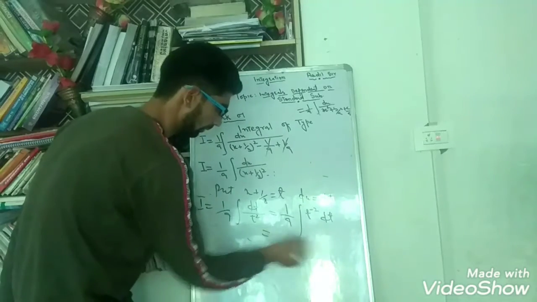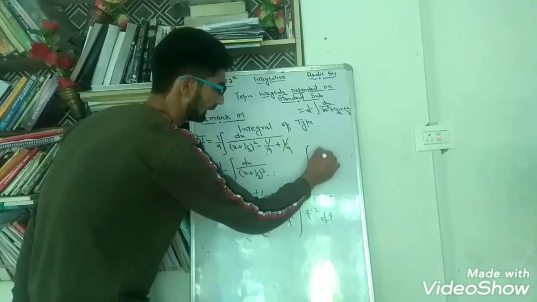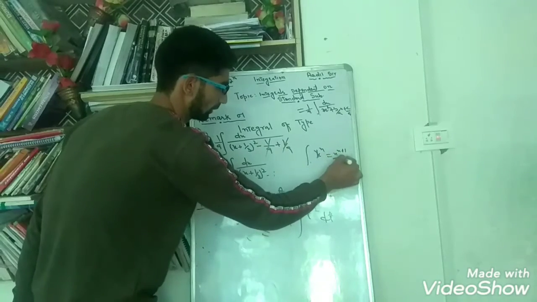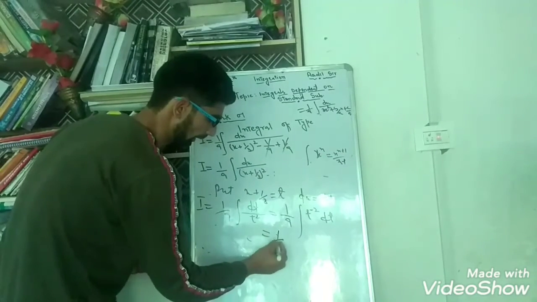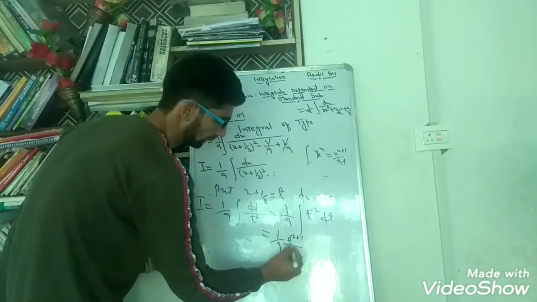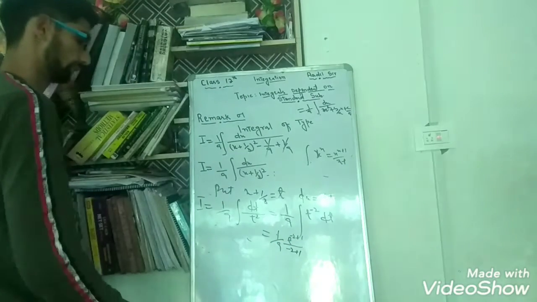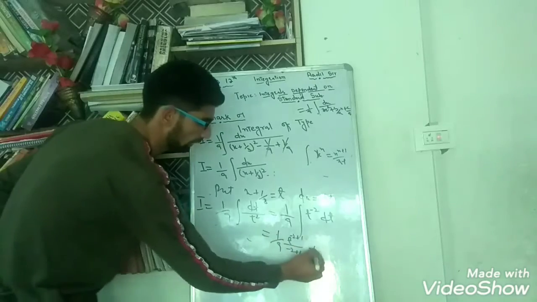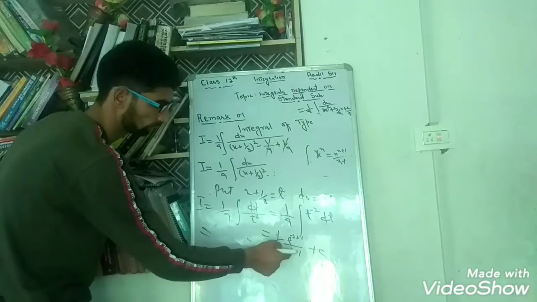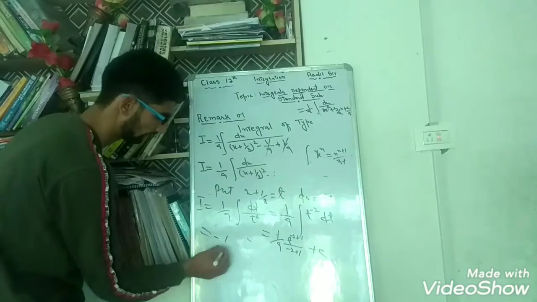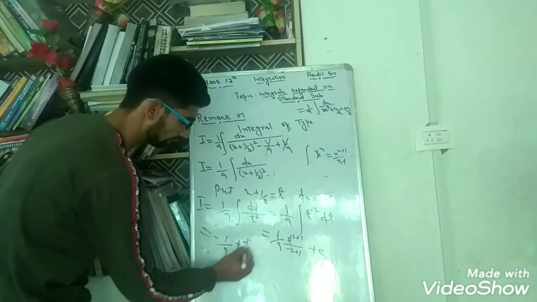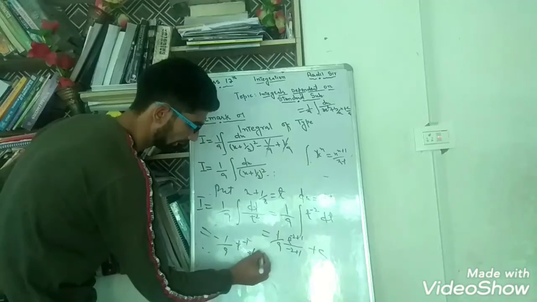By the formula for the integral of x to the n, we know that it is x raised to n plus 1 divided by n plus 1. So here it will be 1 divided by 9 times t to the power minus 2 plus 1 divided by minus 2 plus 1, plus c. So it will be minus 1 divided by 9, and after that we have t to the power minus 1, plus c.